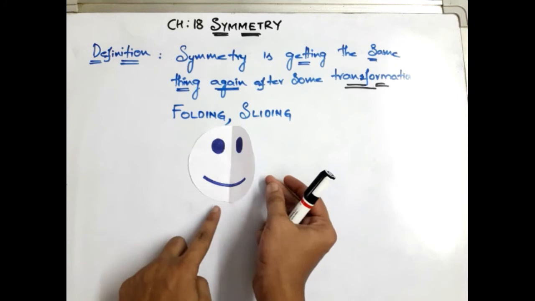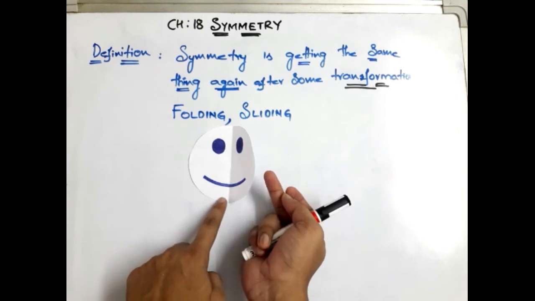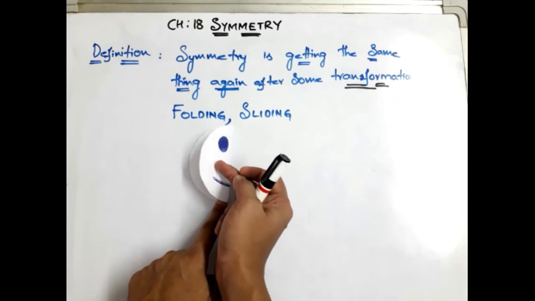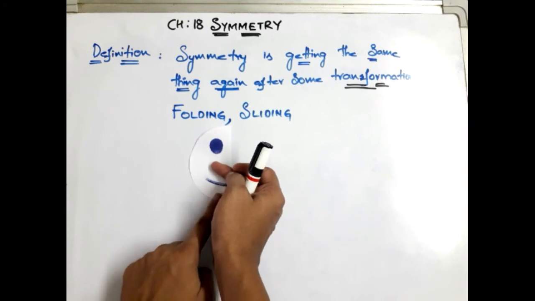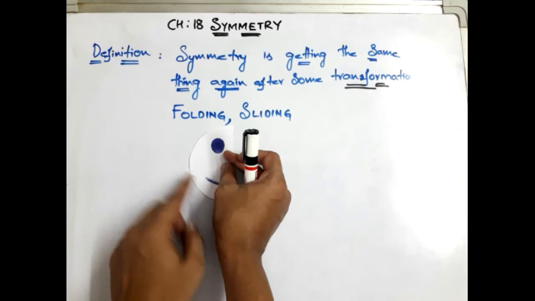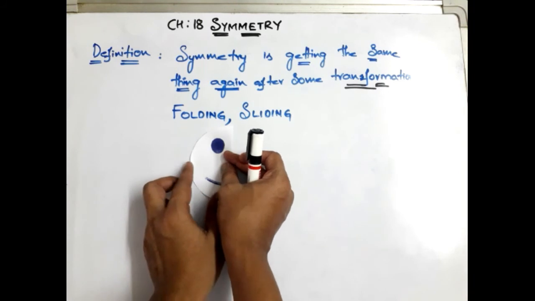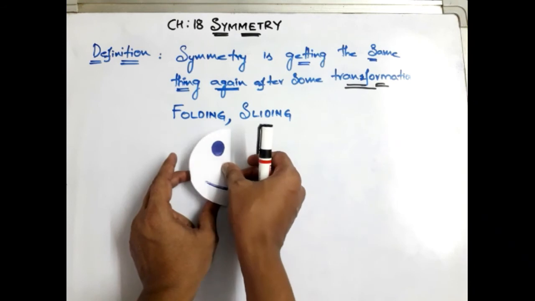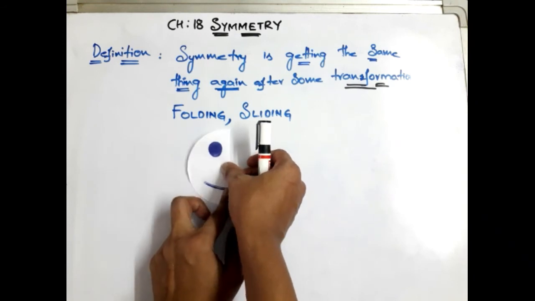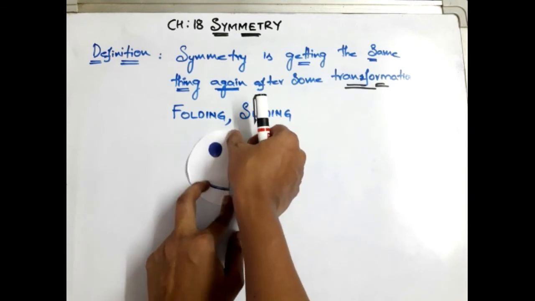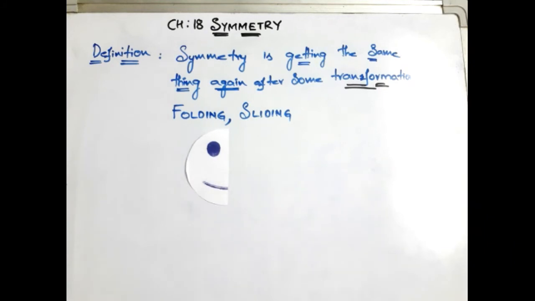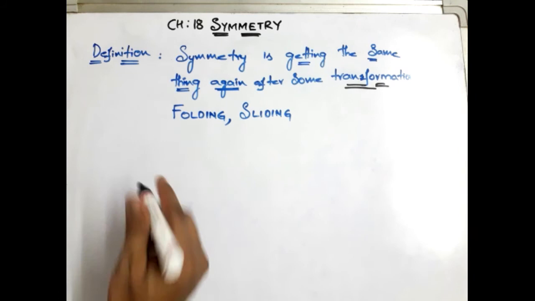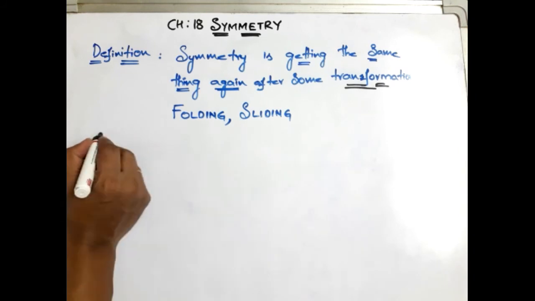Now, look, the process of folding in such a way that one side is exactly matched with the other. The process in which one side is folded to the other side and it is matched to the other side, such figures we call symmetric figures.